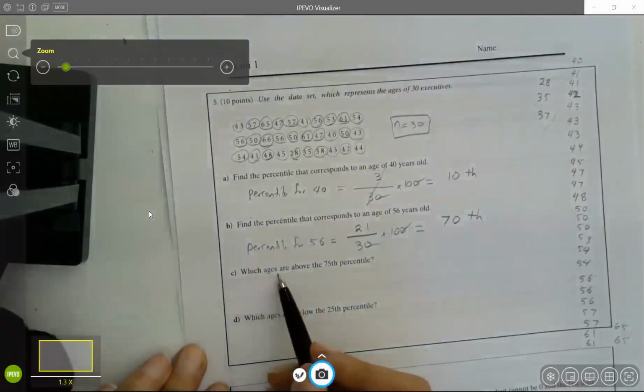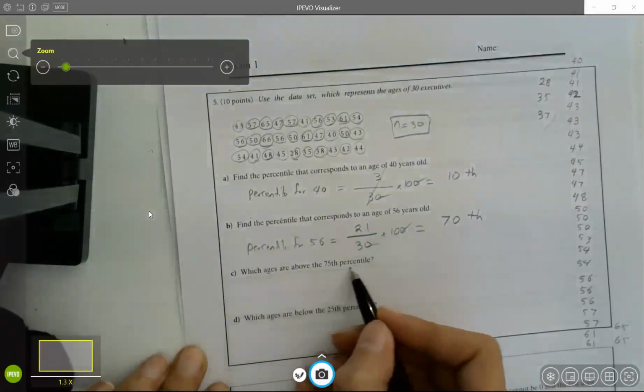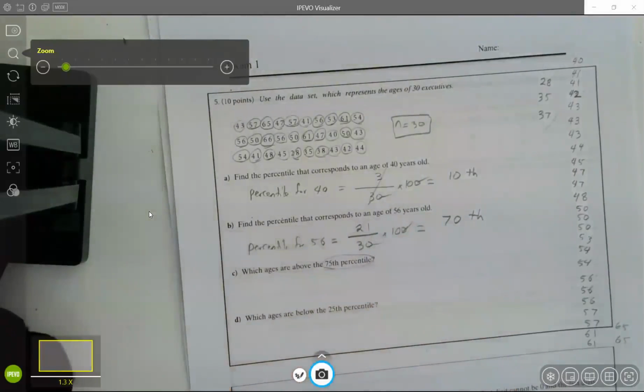So which ages are above the 75th percentile? Which ages are below the 25th percentile?